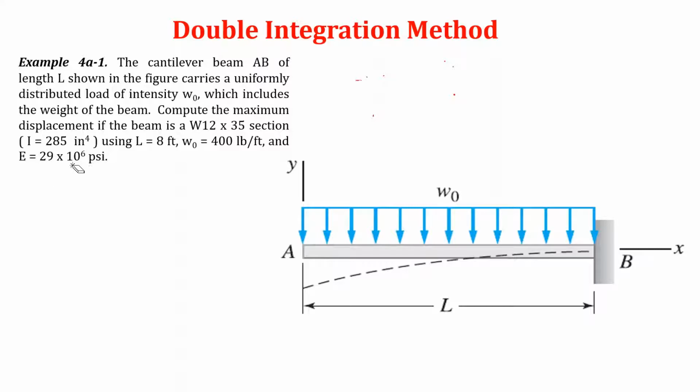If we remember, the modulus of elasticity of steel in the English system is 29 times 10 raised to 6 psi. In metric or SI, the elasticity of steel is 200 gigapascals. These are the common values we usually see.